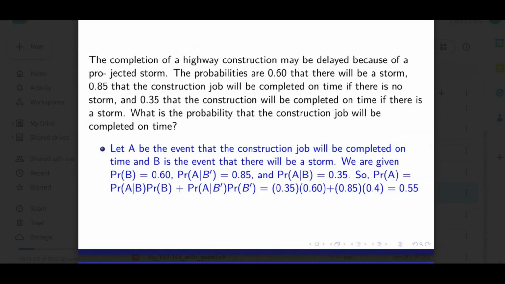So again, what do we want? We want the probability that something will be completed on time. And I'm just using that A happens either with a storm or without. So this is not difficult. Incorporate all the information in the right place. Again, you can draw a tree if you want, or you can use formulas.